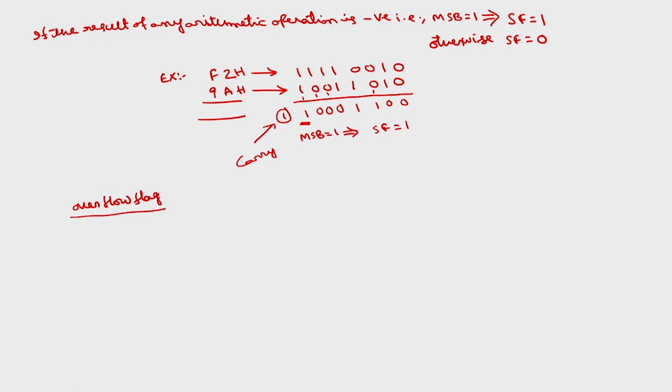If the result of any arithmetic operation is outside the range of the signed 2's complement number, as I have given the range for 8 bit numbers, minus 128 to plus 127 for n equal to 8, in general this is minus 2 raised to the power of n minus 1 to plus 2 raised to the power of n minus 1 minus 1. If the result of any arithmetic operation is outside this range, then the overflow flag will be set.